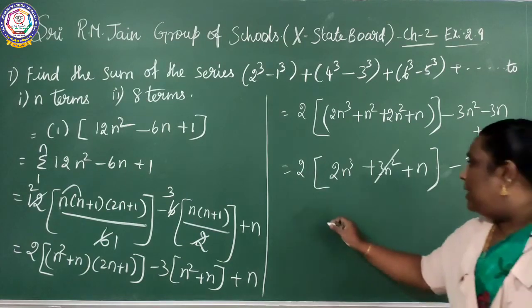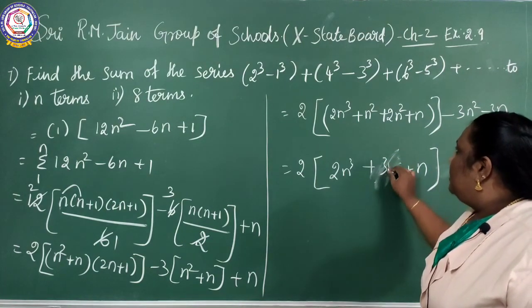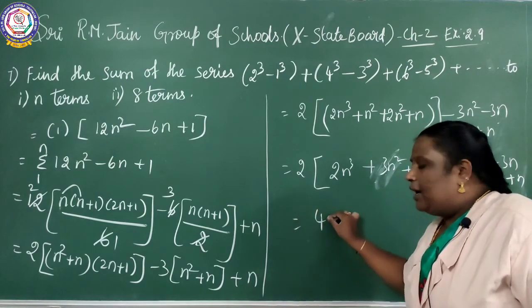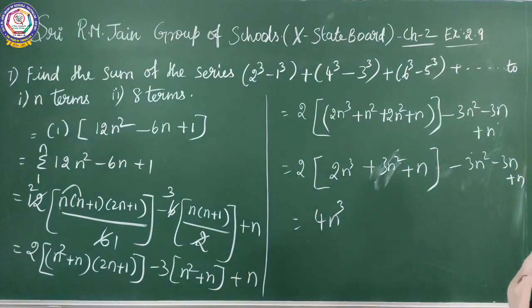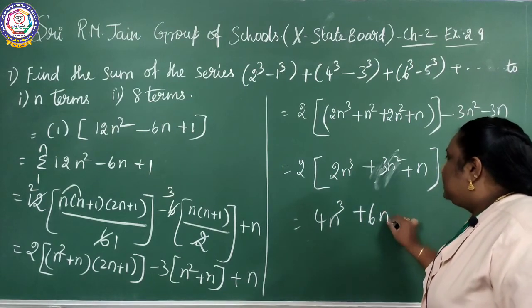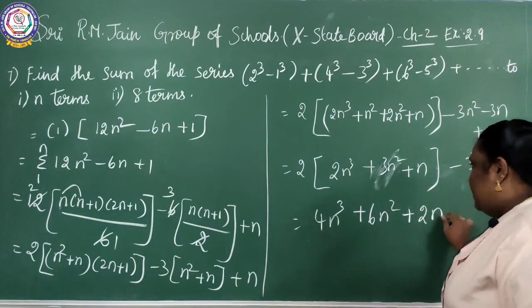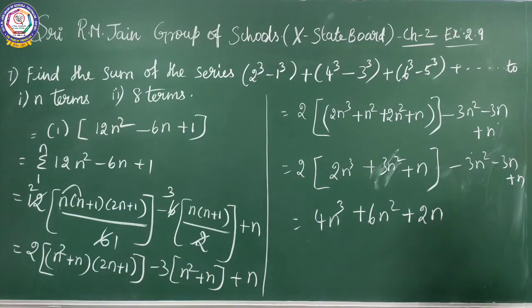You multiply 2 inside, what is the value? 4n cube plus 6n square plus 2n, minus 3n square minus 3n plus n. See, 2n plus n, 3n minus 3n, it gets cancelled.